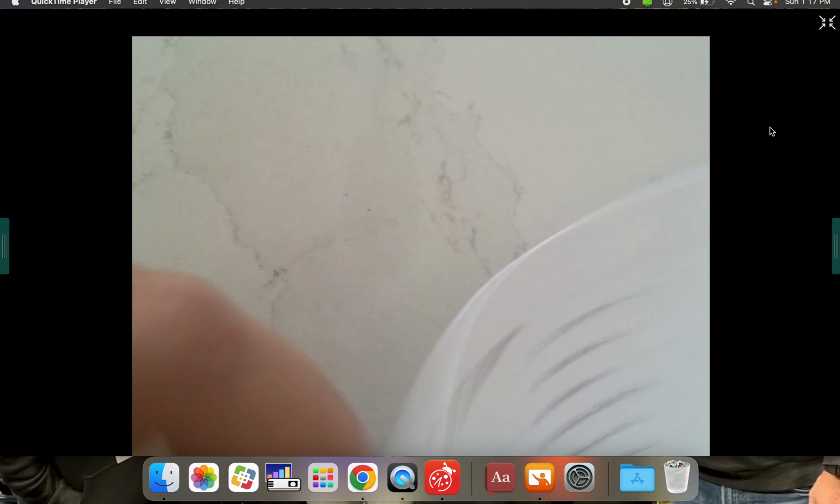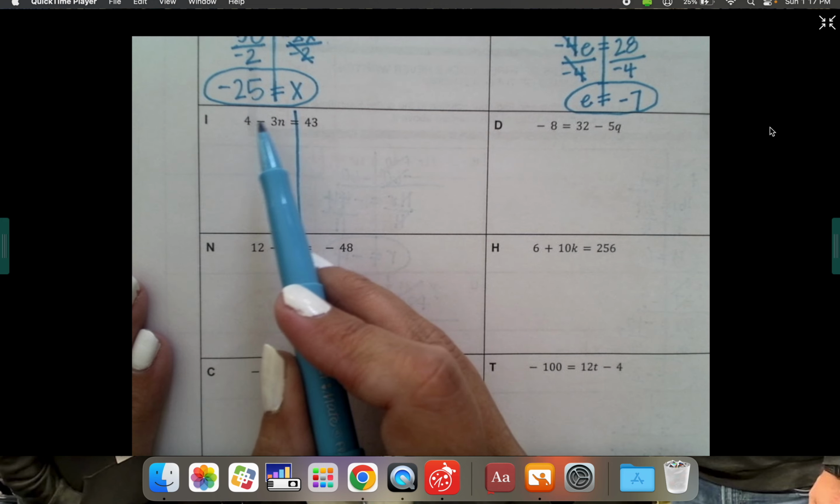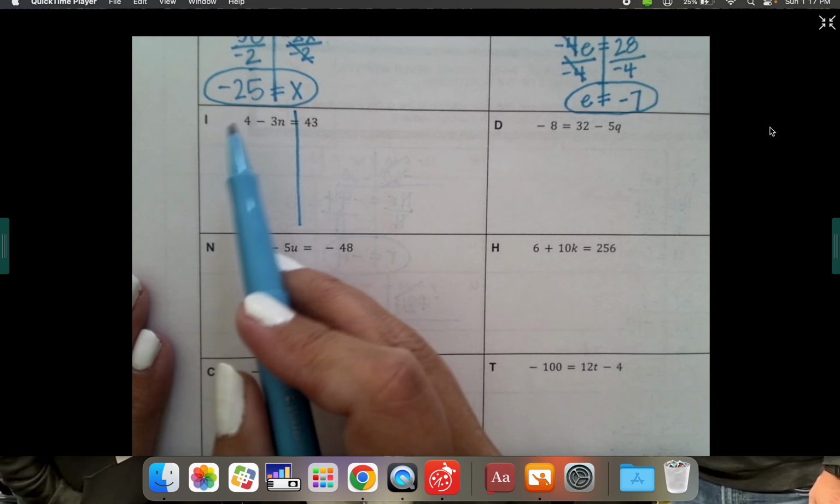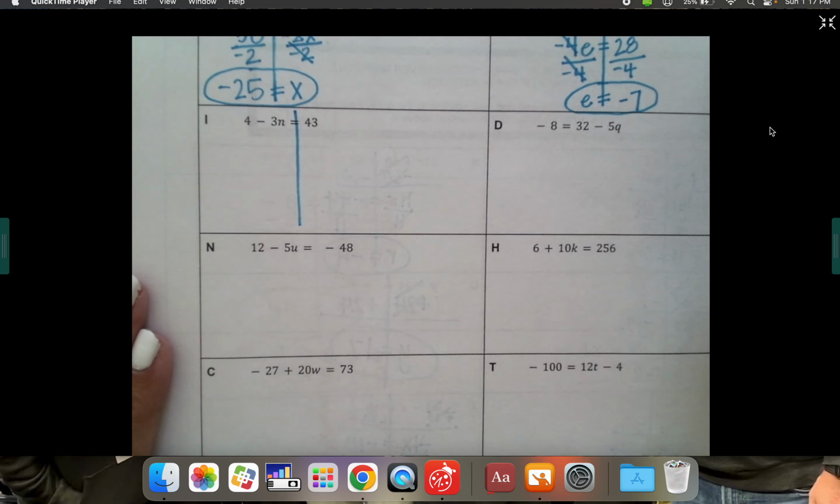Okay. Letter I. That is a -3n. We're going to keep all of that together till the end, and we're first going to get rid of this constant. It looks like you were minusing here, and so you would add, but again, if I add 4 to 4, is that going to cancel it out and make it 0? 4 plus 4 is actually 8, and I want it to be 0.